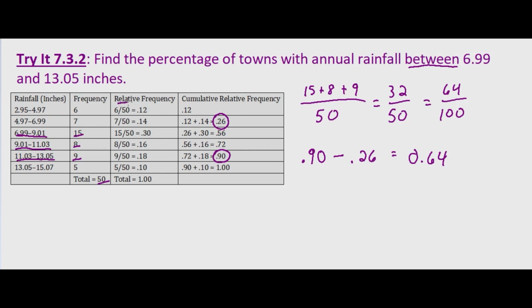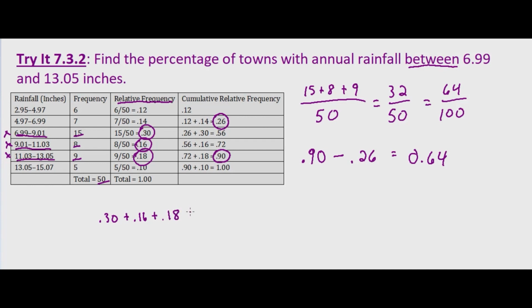We could also use the relative frequency. If you look at the relative frequencies for those rows, this row right here and the row right here, that indicates between 6.99 and 13.05. Well, we have 0.30 plus 0.16 plus 0.18 for the relative frequencies for those individual intervals.